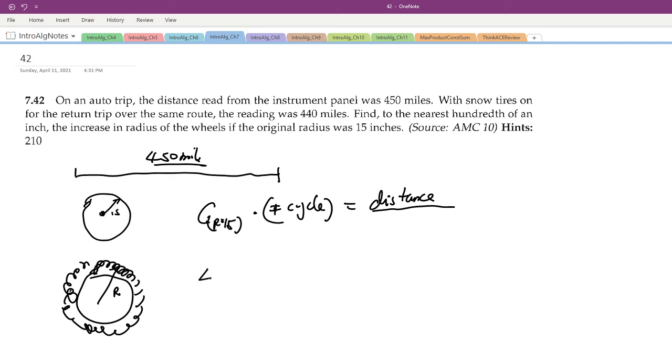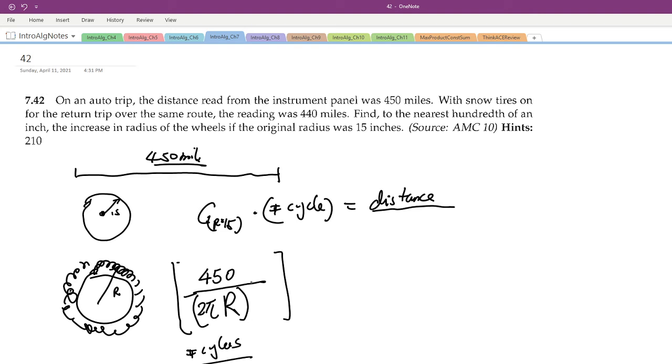We have the 450 miles, divided by the 2 pi r. So basically it's 450 miles divided by the new circumference, that gives how many cycles it travels. This is the number of cycles with the new wheel, right?